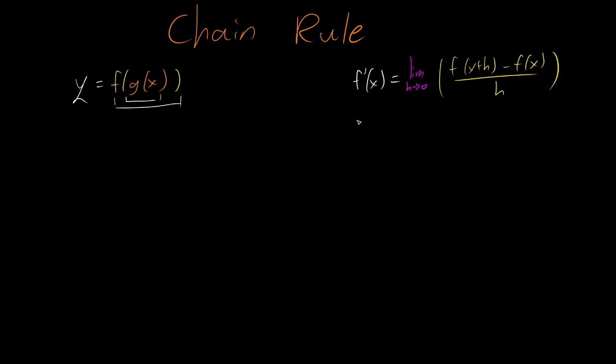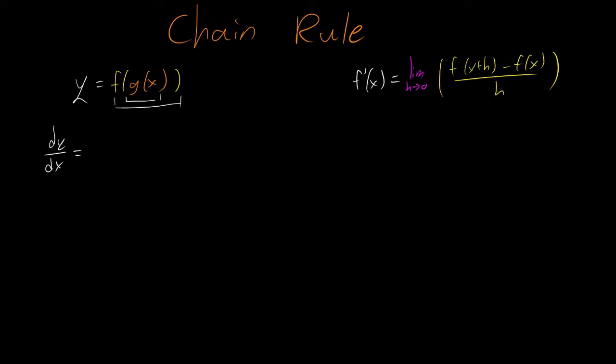I'll remind you that the definition of a derivative is the limit as h approaches 0 of f of x plus h minus f of x all over h. So if we let y equal f of g of x, and we use the definition of a derivative here, then let's set up our equation for dy dx, which is our derivative.